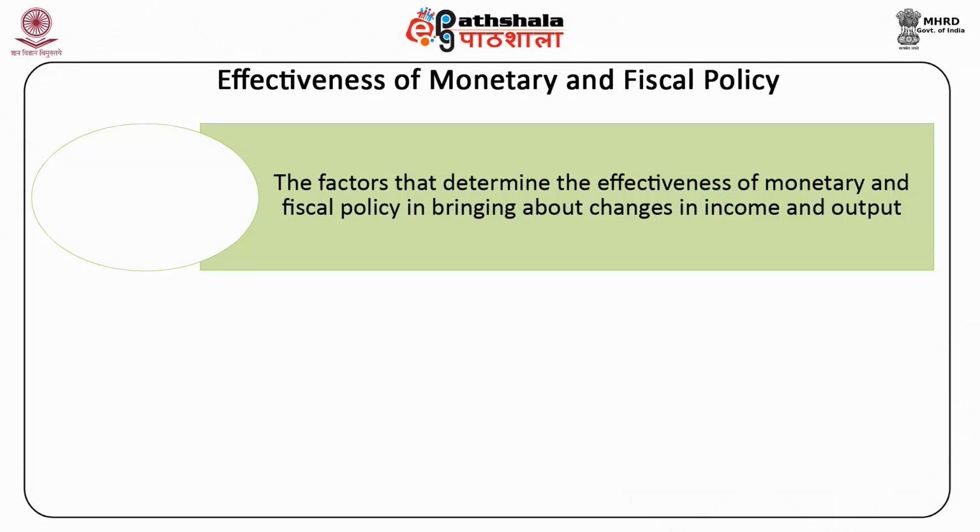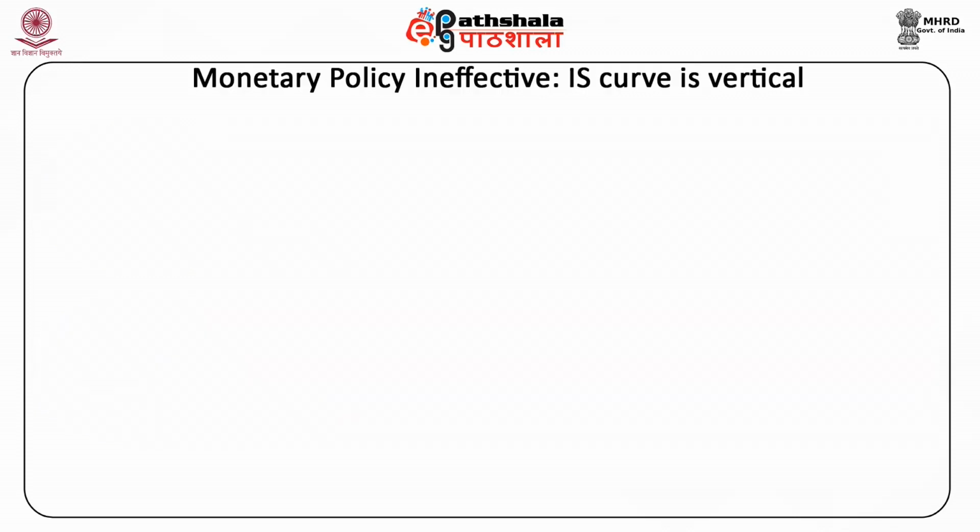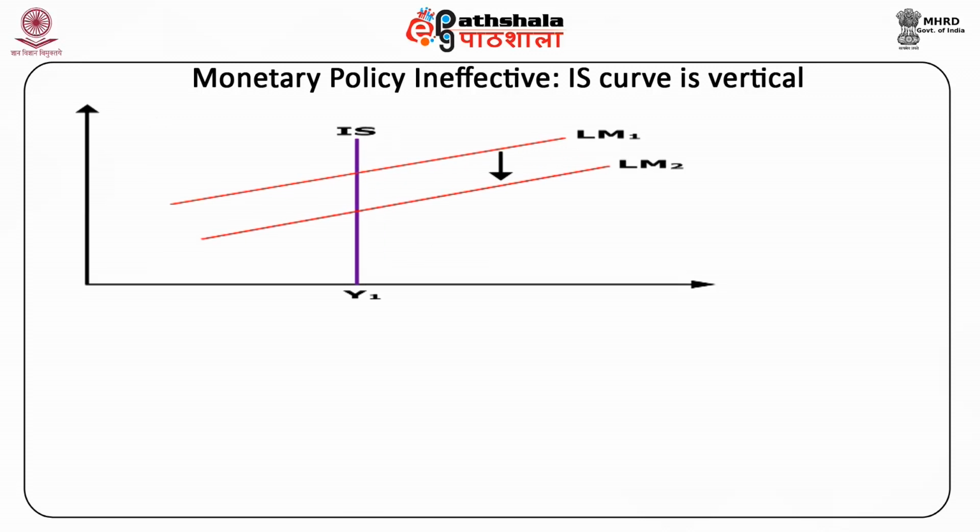The above discussion shows, in general, both monetary and fiscal policies can affect the level of income. However, monetary policy is rendered ineffective in certain cases. For example, when the IS curve is vertical, as we can see in the figure.